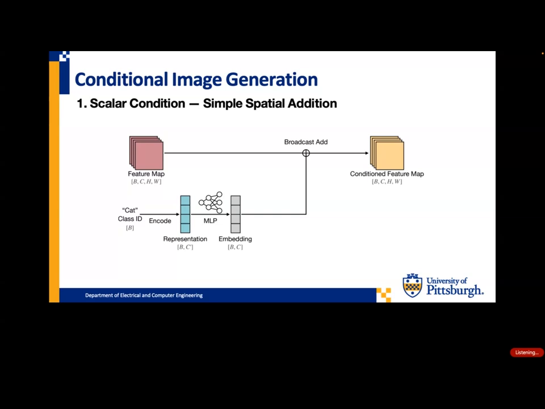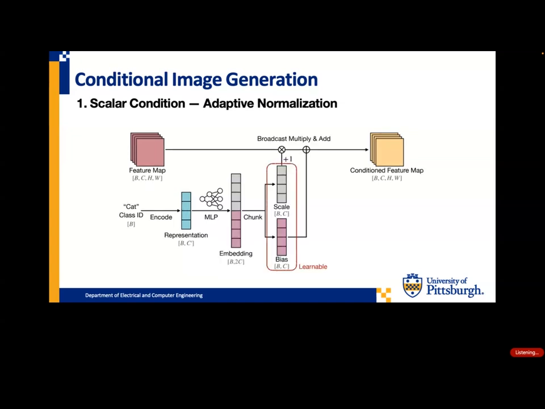In this UNet, for each layer, the cat goes through an encoding and then a multi-layer perceptron projection, and that is added into the feature map as a conditional feature map in the UNet. This is one way.